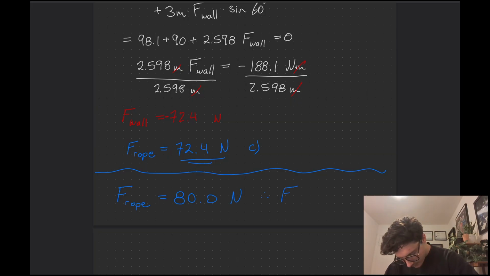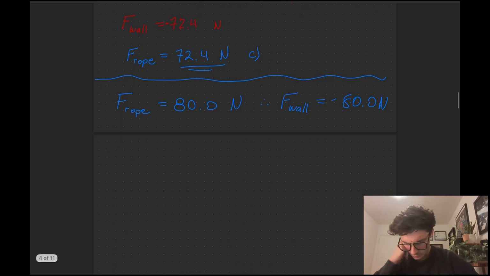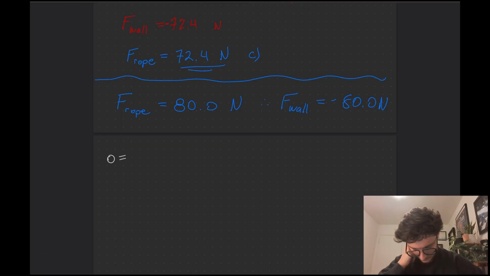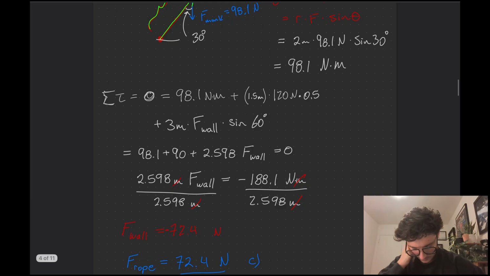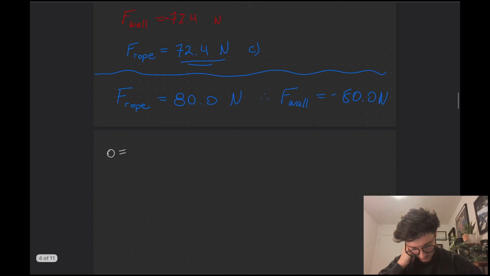Therefore, F wall is equal to minus 80.0 newtons. Then we can create our torque equation again. So we have 0 equals the torque of the monkey. The torque of the monkey is R, which we don't know, times the force of the monkey, which is 98.1 newtons, times sine of 30, which was 0.5.